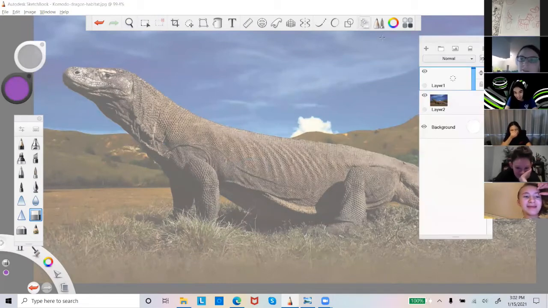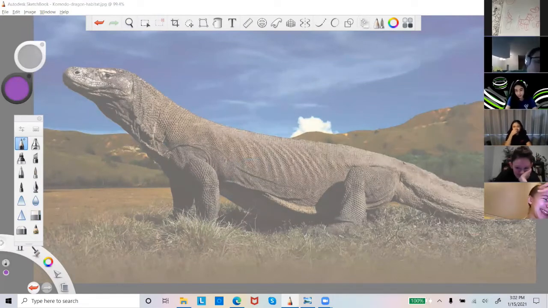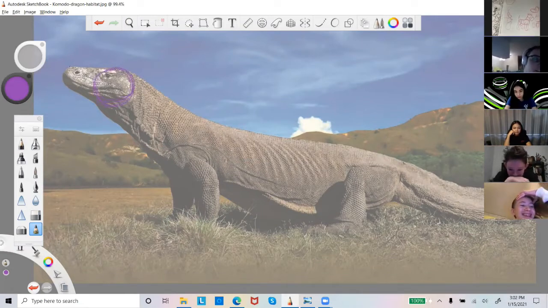Let me make sure I'm on the right layer. So just like with the dog, I'm going to simplify the head and the muzzle separately. I'm going to draw a circle.